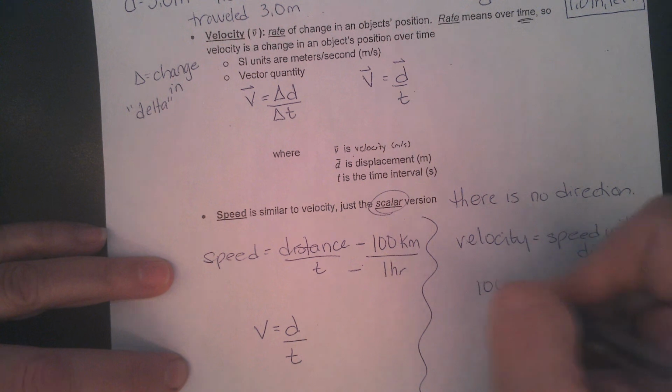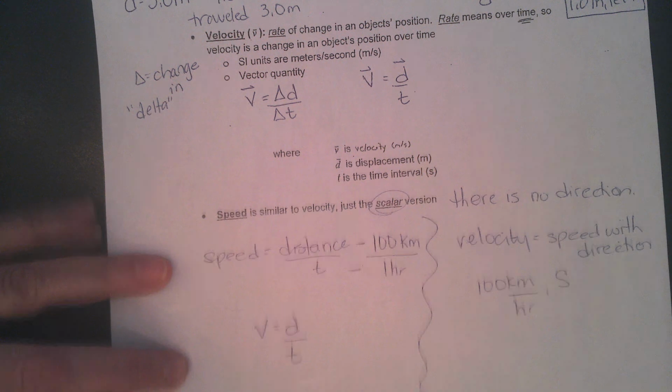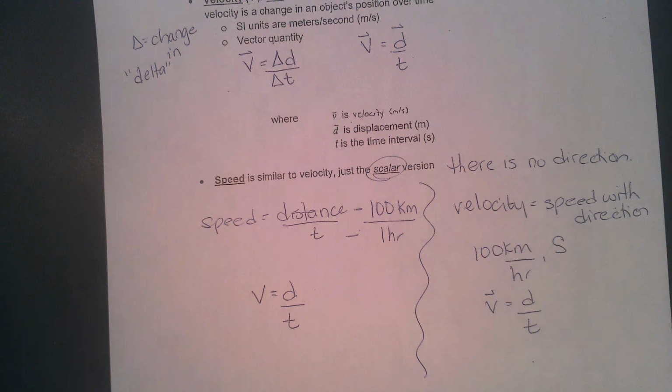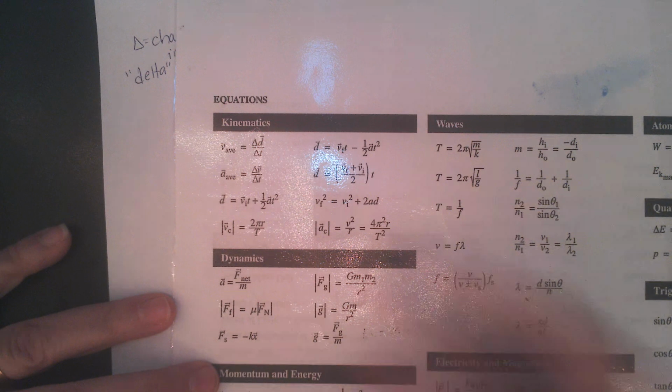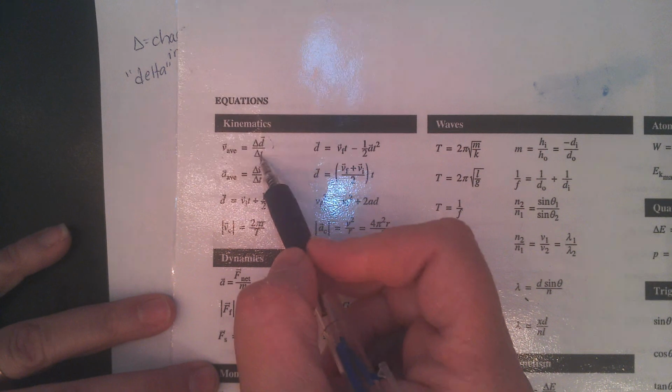I was going 100 kilometers per hour south. That's a velocity because now I have a direction. And that is shown by v is equal to d over t. And this is where we are going to get up close and personal with our data sheet. Here is our very first formula. v is equal to d over t.